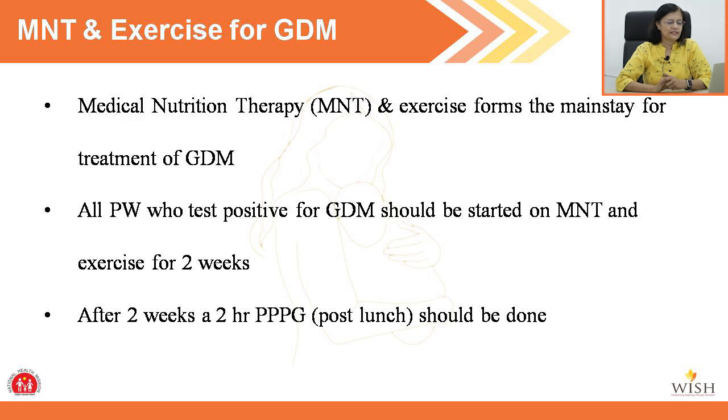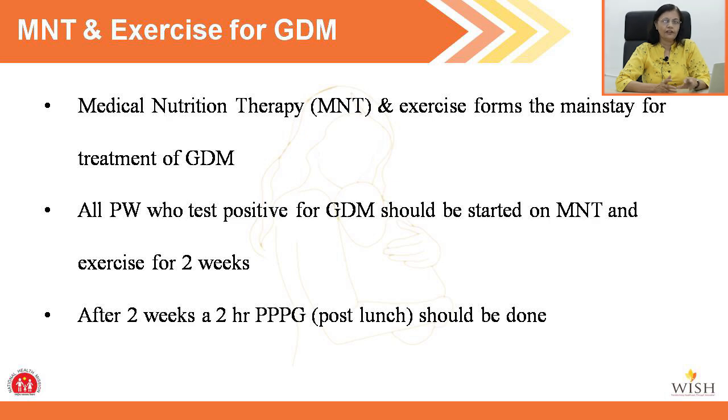So medical nutritional therapy and exercise, as I told you, are the mainstay. For pregnant women who are diagnosed with GDM, we usually wait for the results of medical nutrition therapy and exercise for at least 2 weeks, and we repeat the blood glucose levels after 2 weeks, the same oral glucose tolerance test.